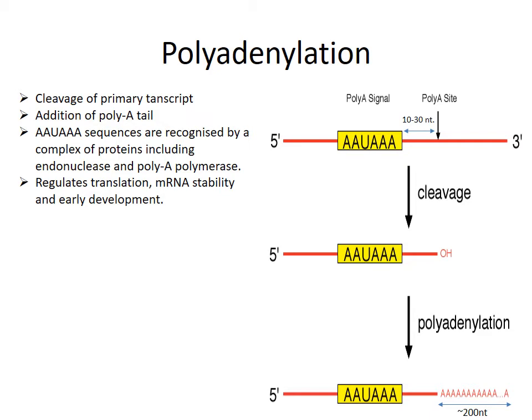This process of polyadenylation activates the translation of these untranslated mRNAs which were stored in the unfertilized eggs. The synthesis of proteins required for the early development of the embryo starts only after polyadenylation. It cannot start by itself.